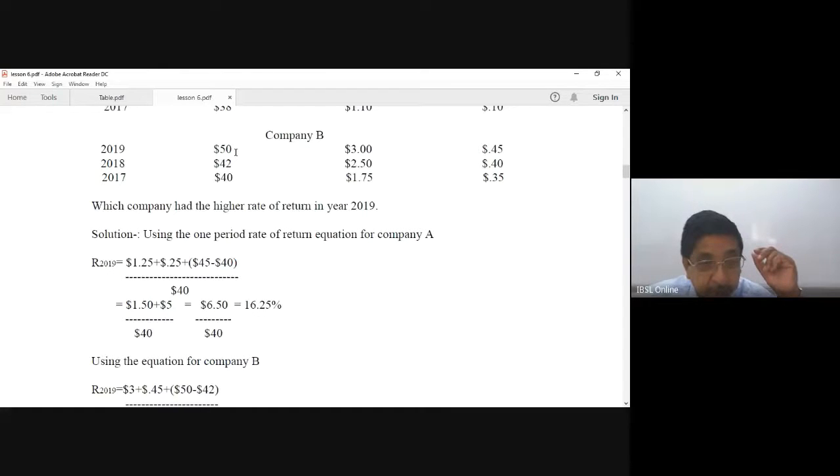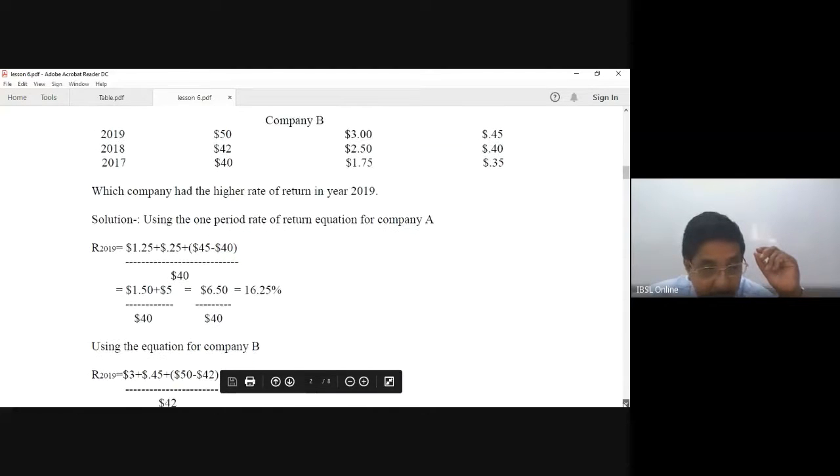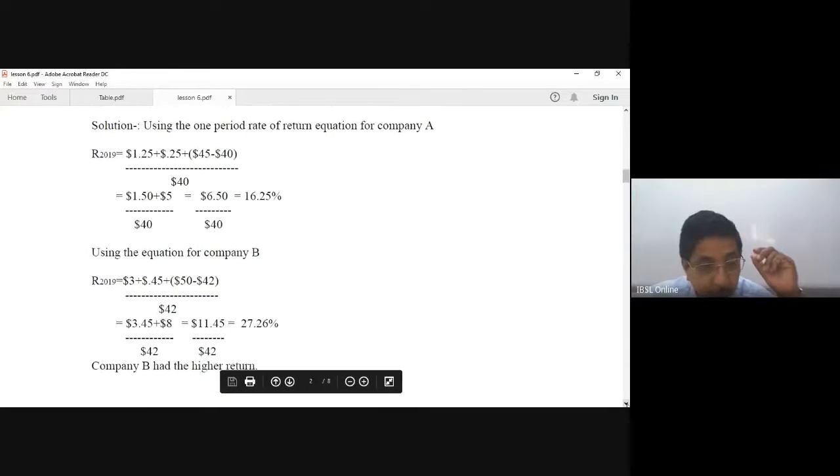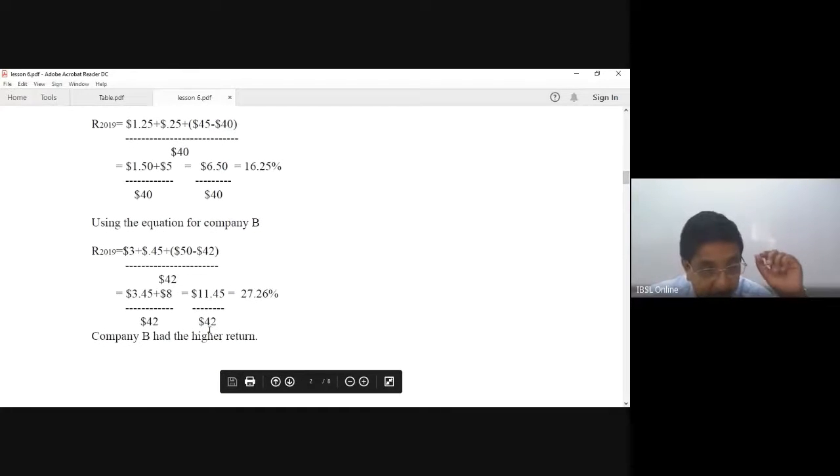Then the net asset value change would be 50 minus 42, and you have the dividend and capital gains as 3 and 45 cents. Then you get 3 and 45 cents plus 8. That is 345 plus 8, that is 1145. 1145 divided by 42, which comes to 27.26%.